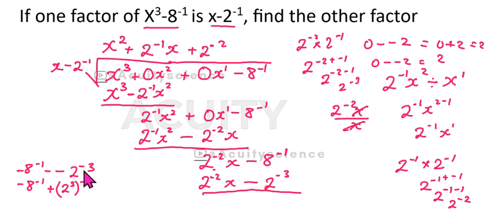I'm doing this because I want you to see that there is an 8 here, and we can actually simplify it. There's a 2 and a 3 up there, so 2 raised to the power 3 is 8. That's what I wanted. So you see that we're having minus 8 raised to the power minus 1 plus 8 raised to the power minus 1, exactly the same thing. So 0.